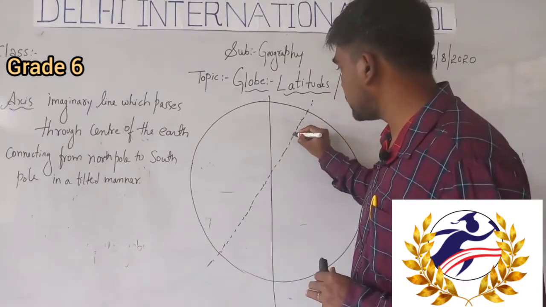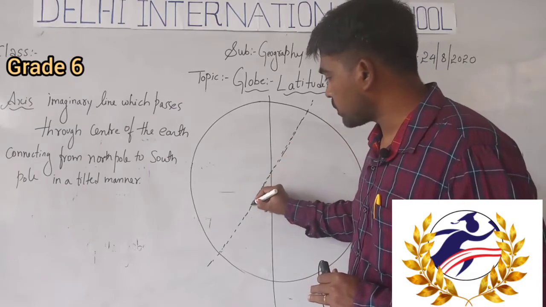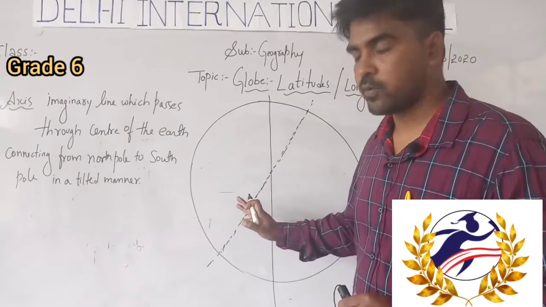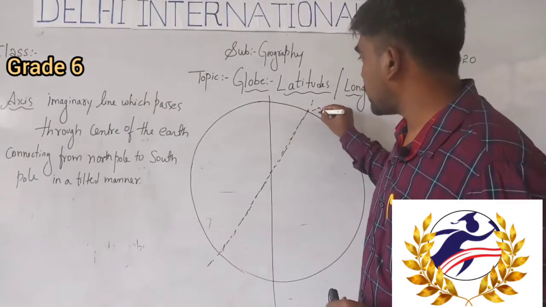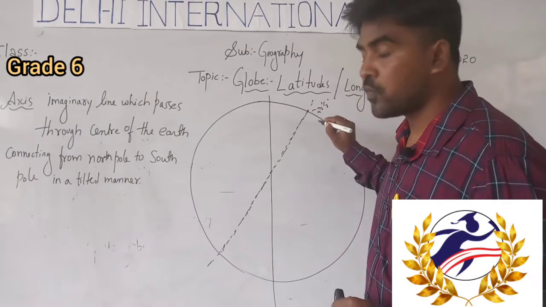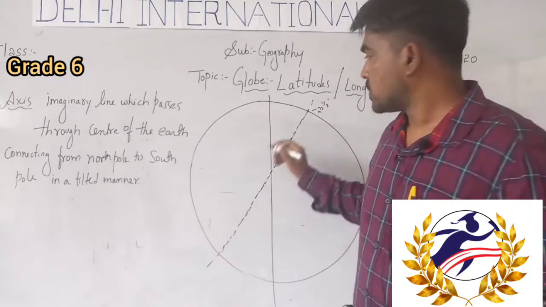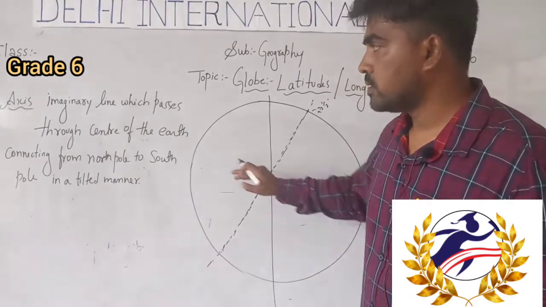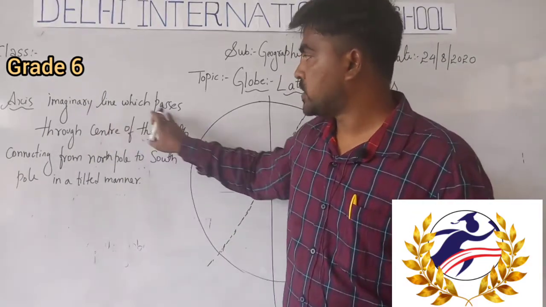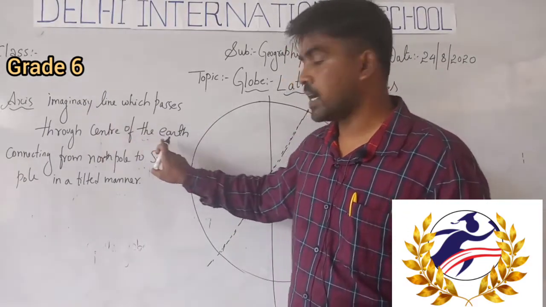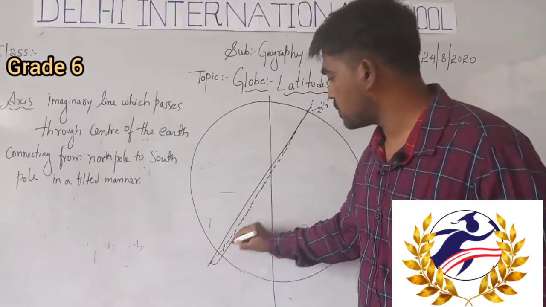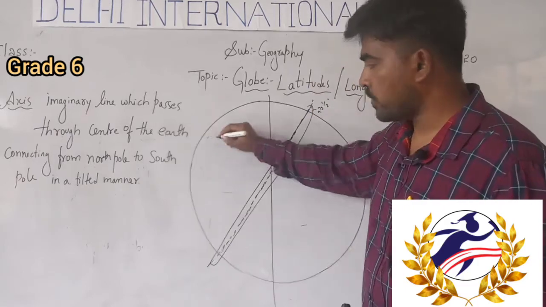So you can see this axis line. This is an imaginary line. Our earth is tilted by 23.5 degree. So this imaginary line is called the axis. It is an imaginary line which passes through the center of the earth, not somewhere in the corner.